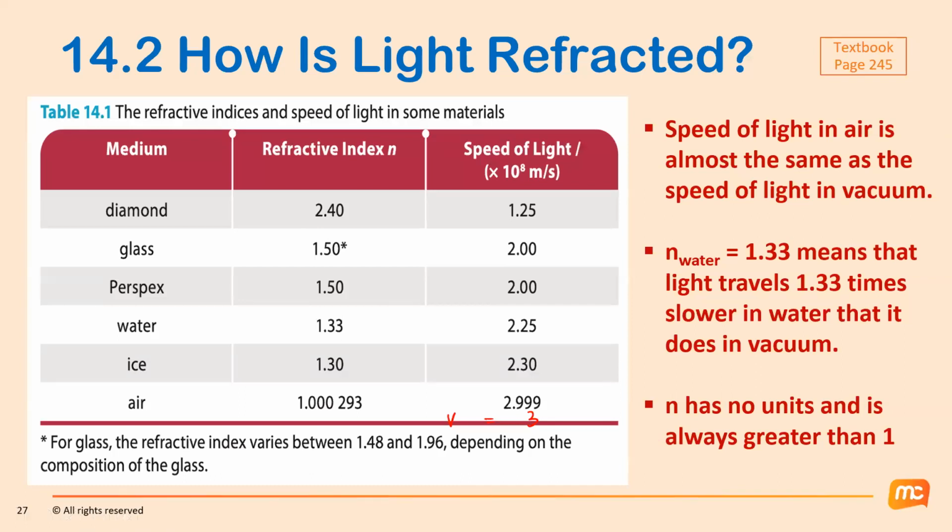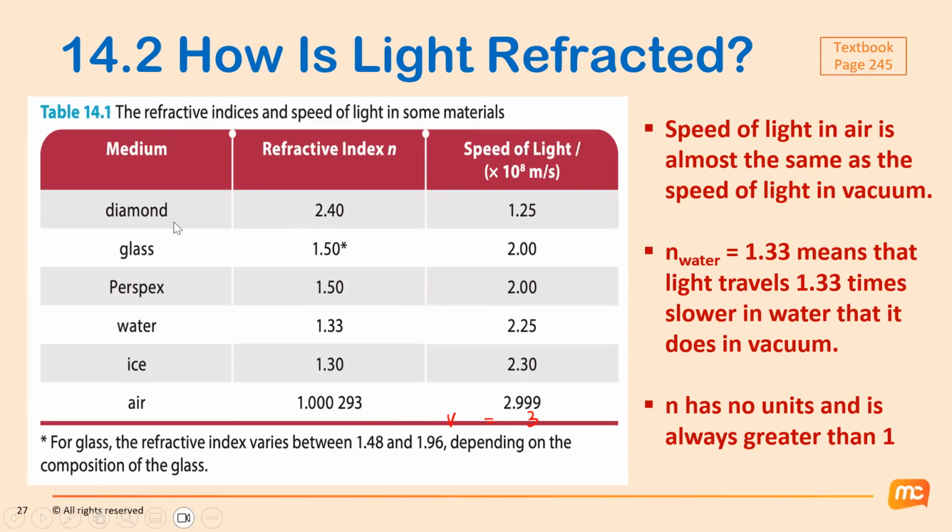So when you compare the refractive index of air and vacuum, it will be very close to 1. We say that they have very similar refractive index. Because refractive index is C over V, 3 times 10 to the power 8 divided by 2.99 times 10 to the power 8, they are almost the same. So the ratio is close to 1.